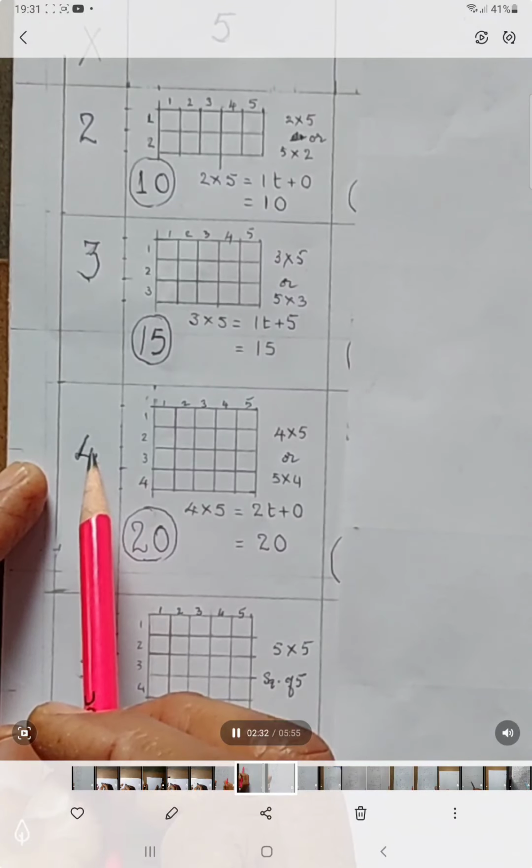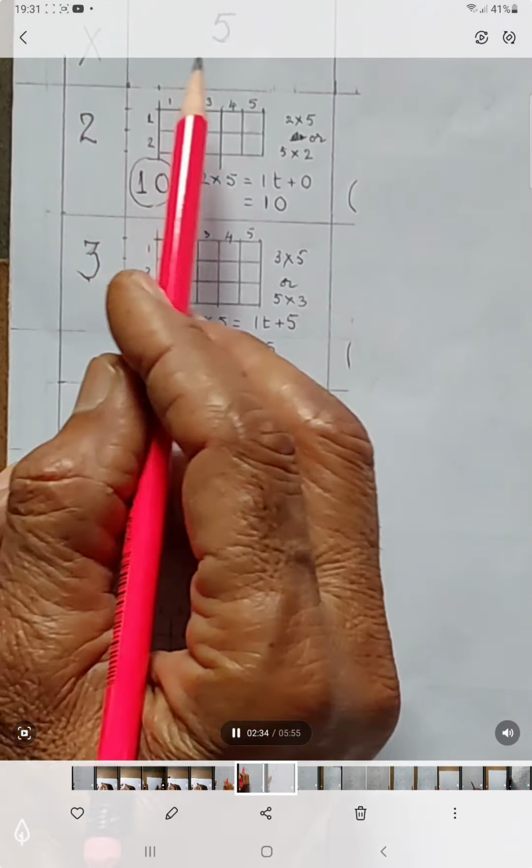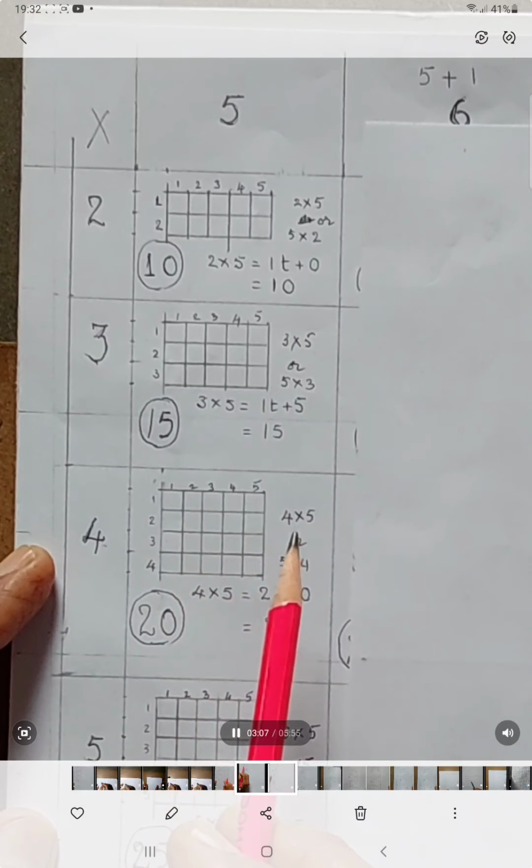Next, we see 4 times 5. Okay, so you have 4 rows like this and 5 columns. First column, second column, third column, fourth column, and fifth column. So 4 times 5 or 5 times 4 represent the same number of little squares contained in this rectangle of 4 rows and 5 columns.